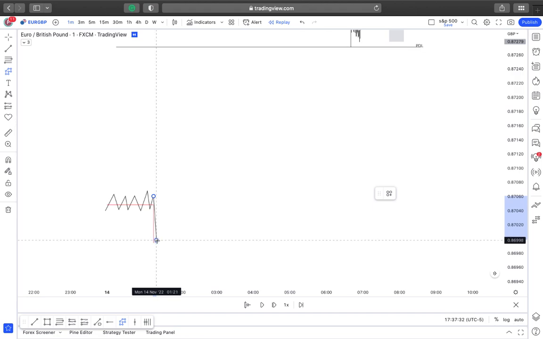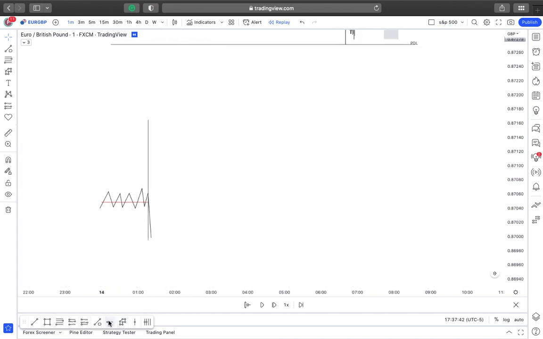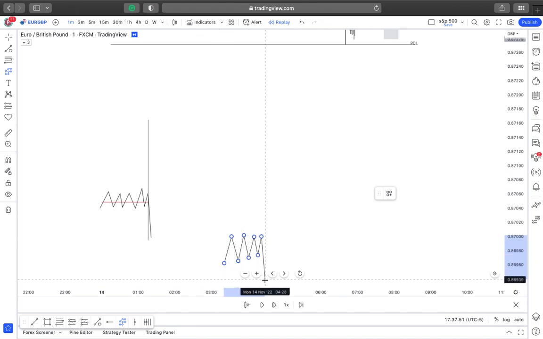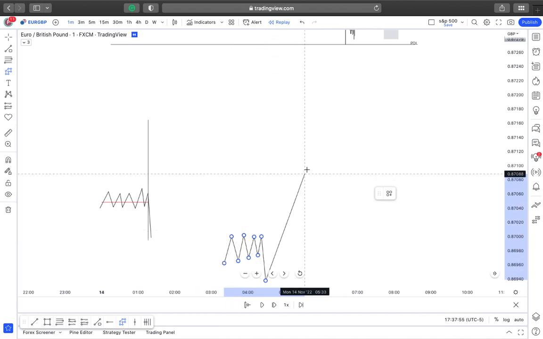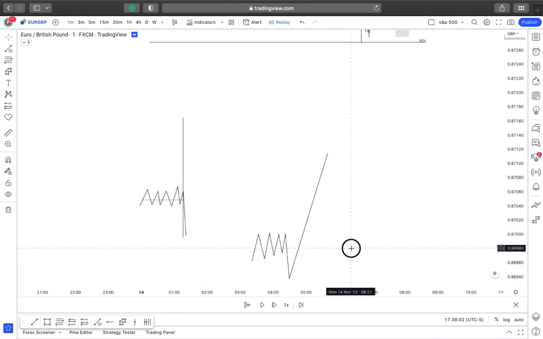So they took out the retailers, and this is where they are buying. After they put their orders over here, now this is known as distribution. This is your accumulation inside a range. This is your manipulation, which took out the liquidity, and this is your distribution, a huge move in the opposite direction after the manipulation.